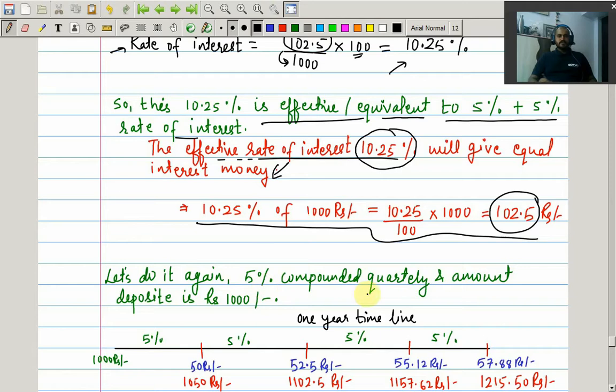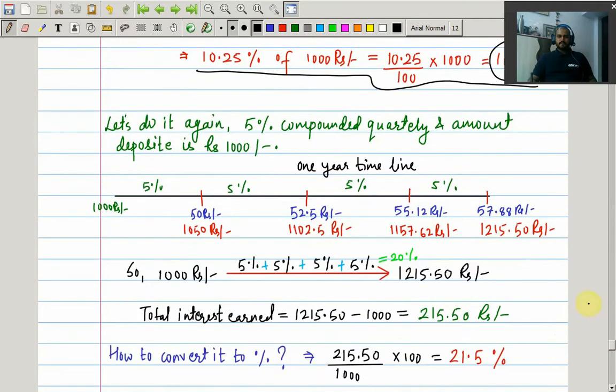So let's do it again. 5% compounded quarterly. So this time I am compounding it quarterly. Remember, I haven't written here per annum. So in a 1 year time span, I am receiving interest of 5% 4 times, which means after every 3 months.